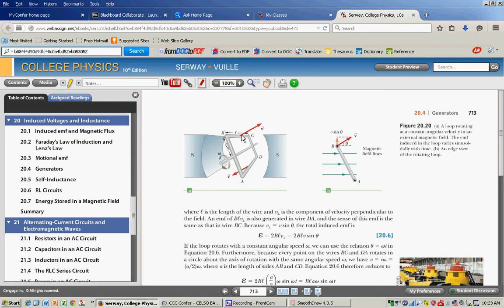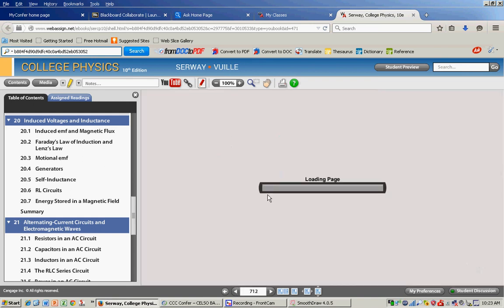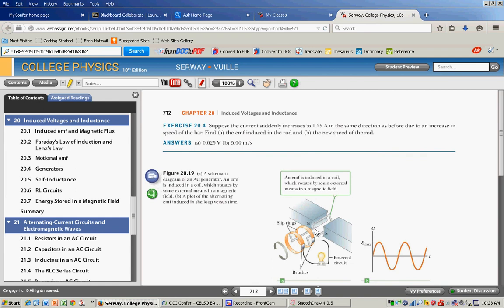Look, when the loop is in this configuration, the current goes in the way I'm showing. If you look towards north, it is clockwise. But once this loop goes and stays in this position right here, so that this part is somewhere in here, the current goes in the opposite direction.